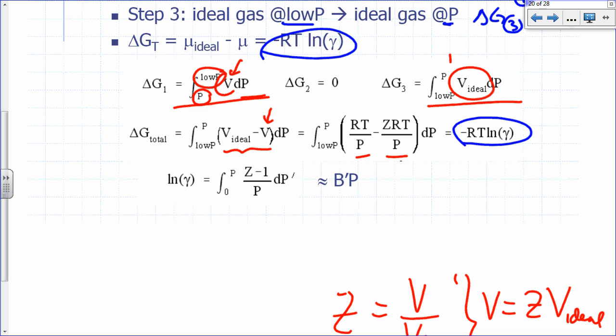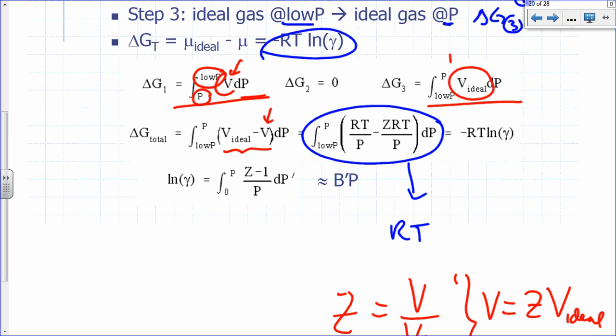So we now have enough information to solve for ln gamma. Let's simplify this one right here. I can factor out RT, it's constant, right?